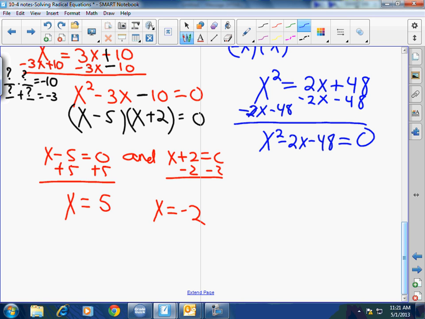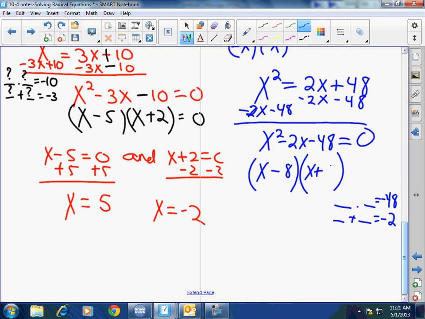Now, let's go ahead and factor this. X. What times what equals negative 48, but when added together equals negative 2. Sir, negative 8 and positive 6. Very good. Awesome.